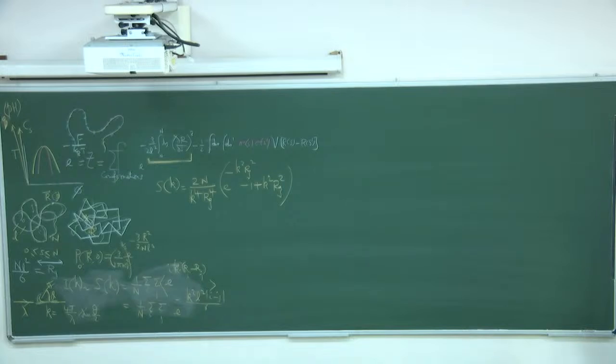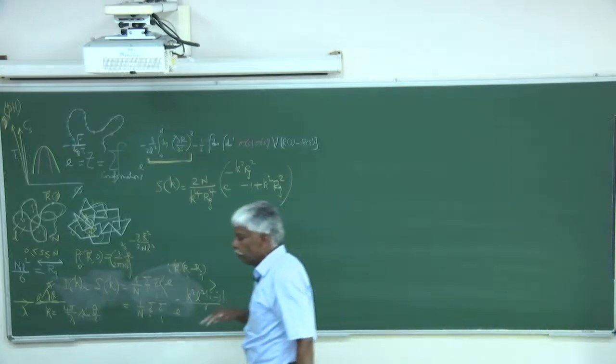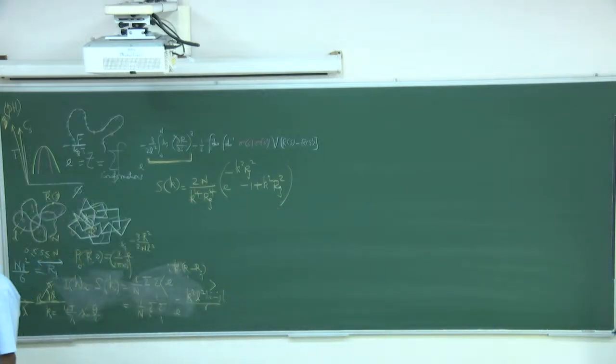Anyway, what's going on here is this. Here, you can expand this for k times Rg much less than 1. You expand this, you will get something like 1 minus k square Rg square divided by 3 plus etc. That's what you have for that limit. So what you do is you go back to this experimental setup and take theta to be small.